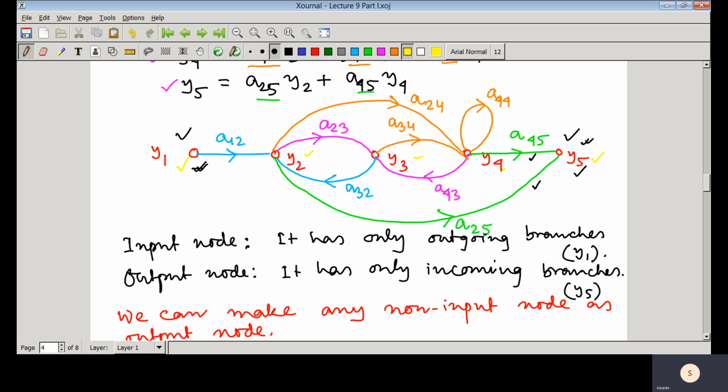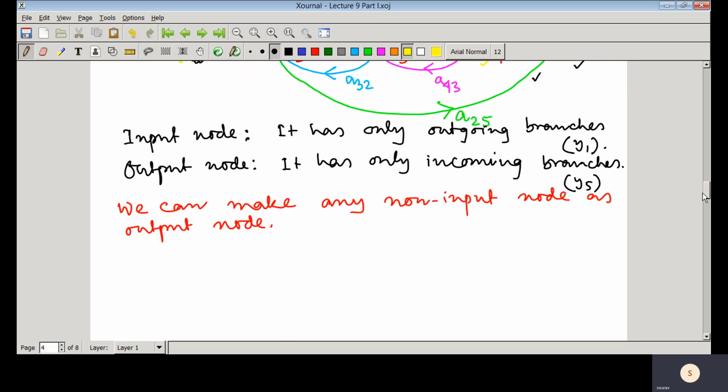Y2, Y3, Y4, they are not input nodes. So according to this statement, we can make any node which is not an input node, that is Y2, Y3 and Y4, as output node. So let us see how it can be done.